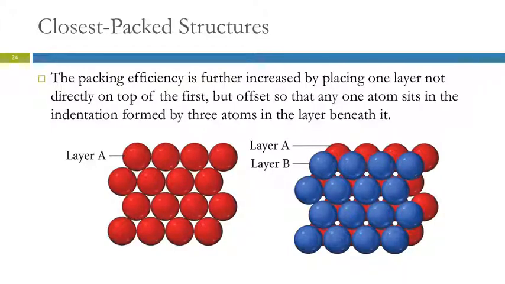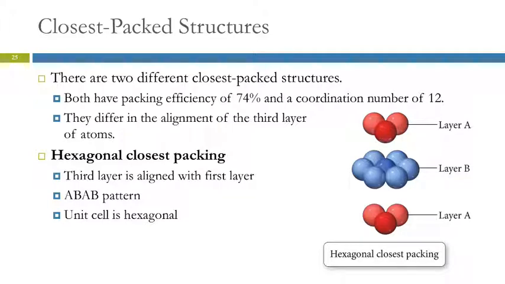Can you imagine what's going on here? Visualization is really helpful here. So there's two different ways we can do this. We can take that first layer, the second layer is offset, and then the third layer is directly in line with the first layer. So this is an A, B, A pattern. This is called hexagonal closest packing.